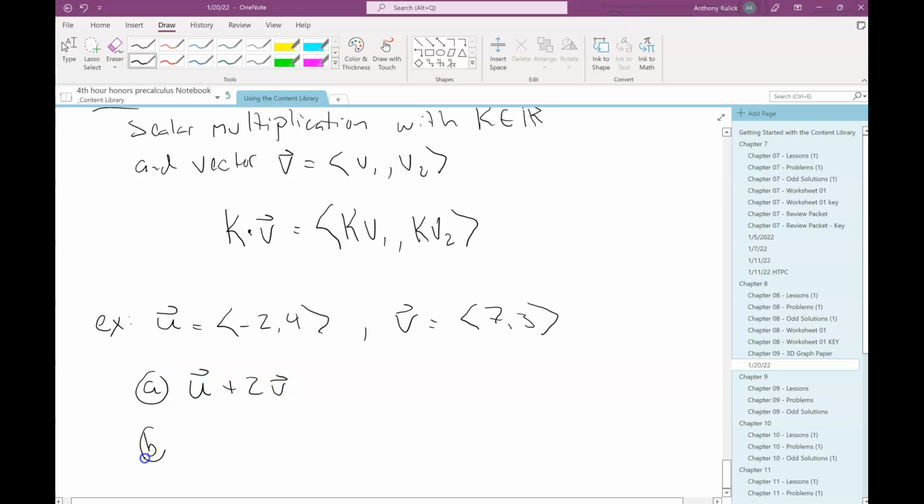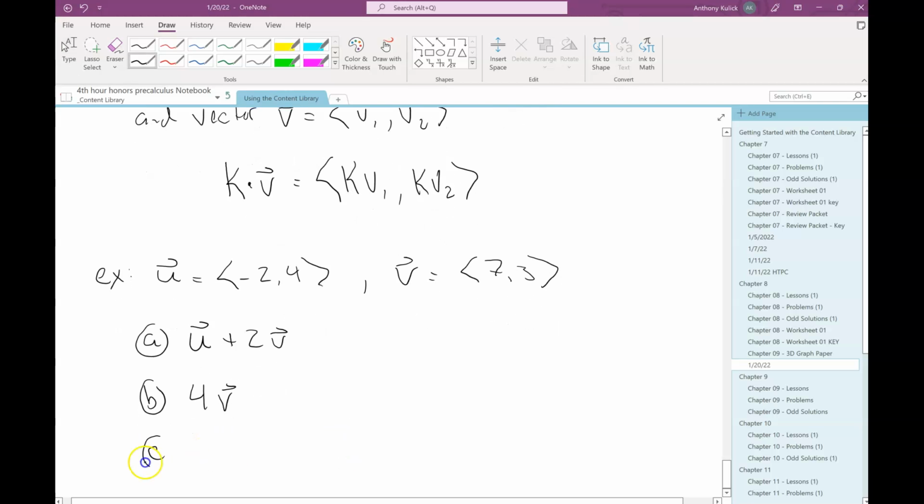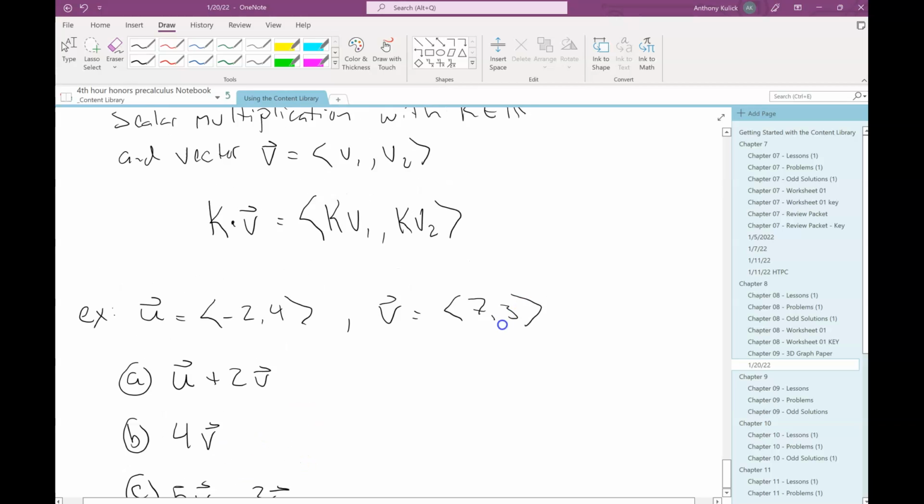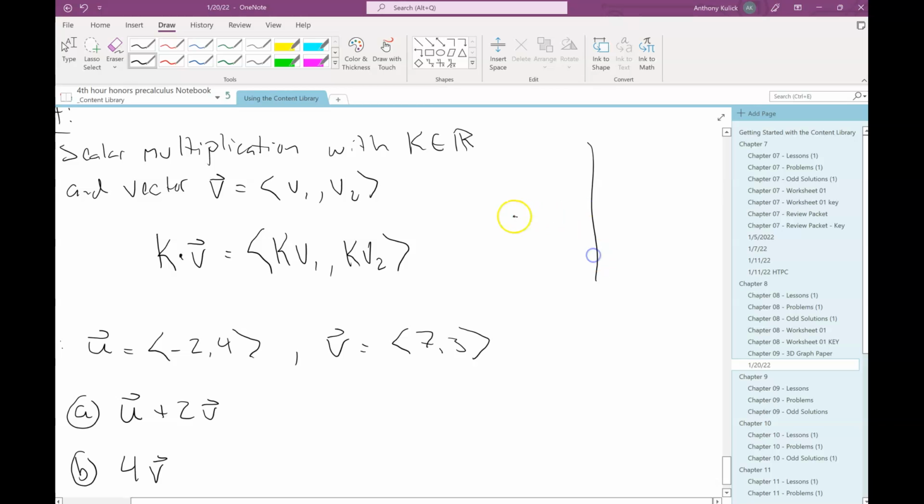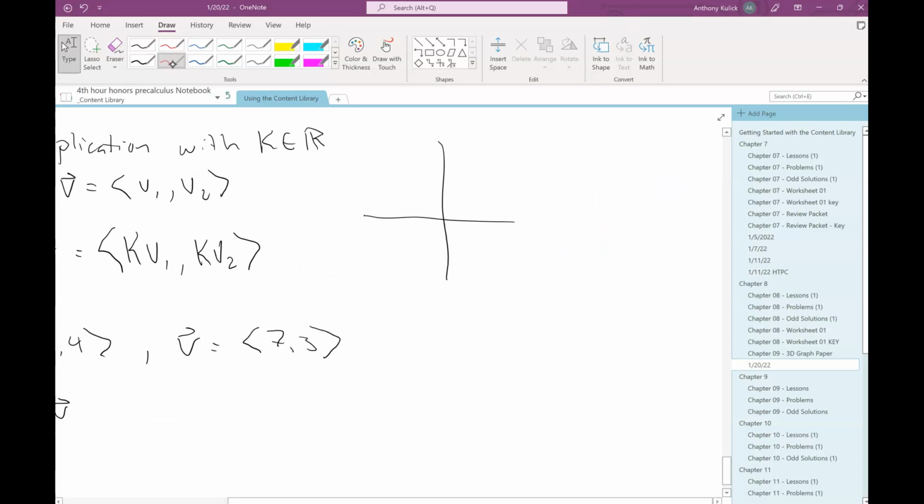Oh, before we do this, I want to mention one thing real quick. I'm just going to finish writing this down. But geometrically, what does scalar multiplication look like?